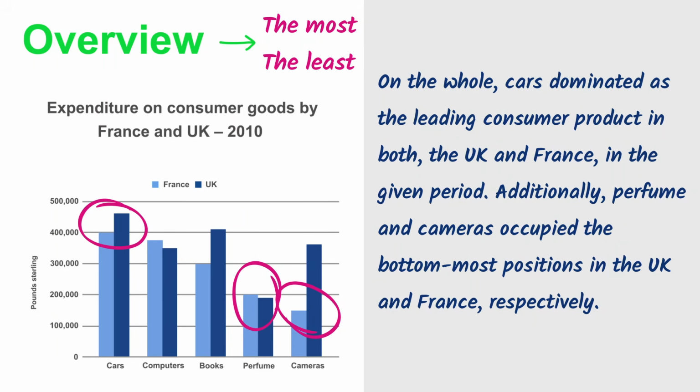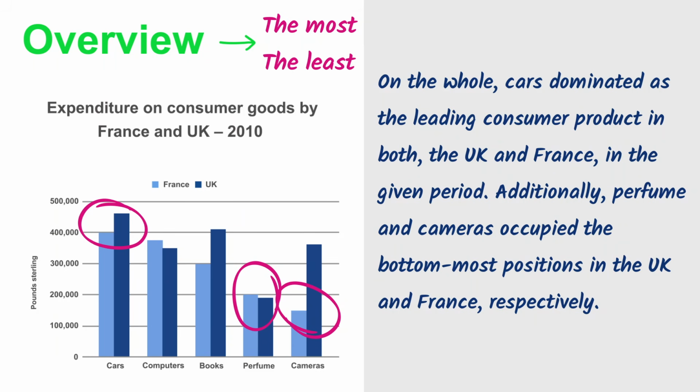But why I have included respectively here? Because by using respectively, it means that perfume refers to the UK and cameras refers to France. All right, that's it. That's our overview paragraph. We only talked about the most, the dominant, and the least dominant, or the least, let's say, consumer product.